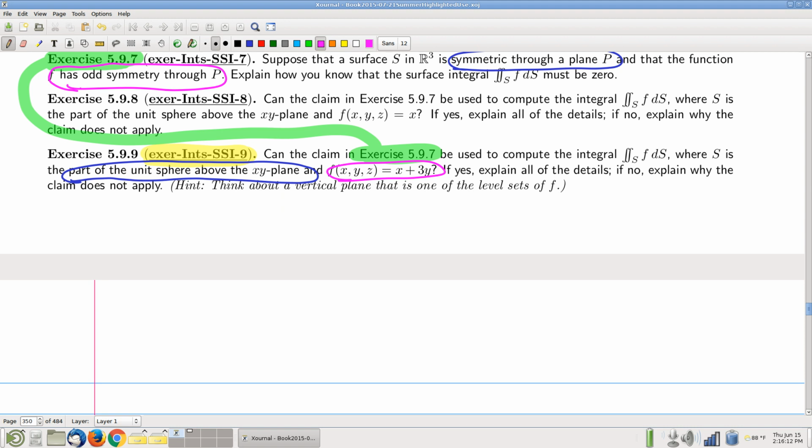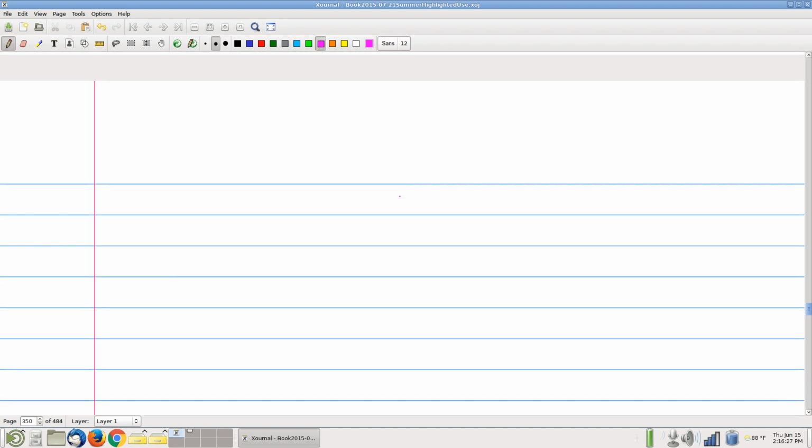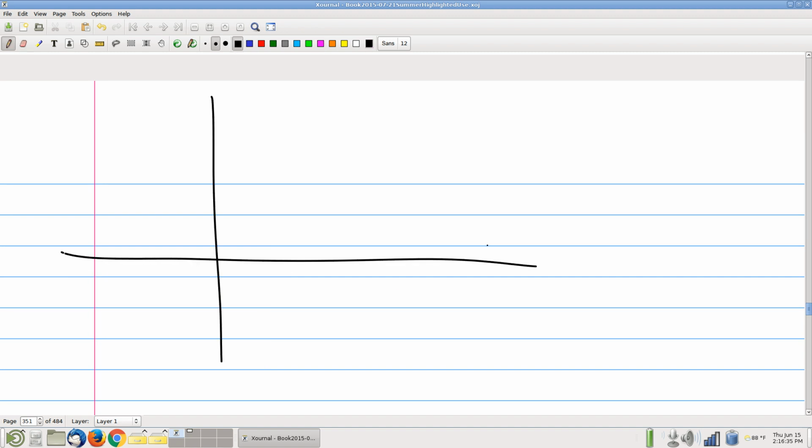All right, so now we've got a big hint on that. The hint is a vertical plane that's one of the level sets of f. Here's our function f, x plus 3y. Let's draw some of its level sets. Colors for other things.